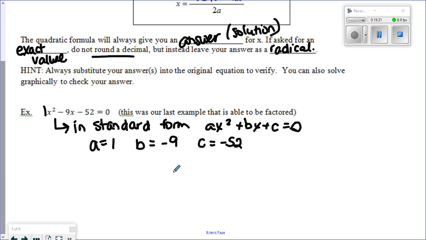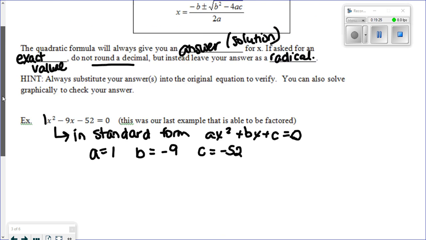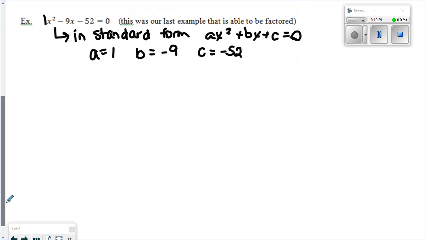What we need to do for this one is just substitute a, b, and c into that quadratic formula, this big beastie guy. So I'm just going to write it out. x is equal to -b, plus or minus.